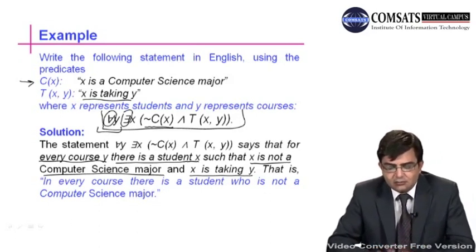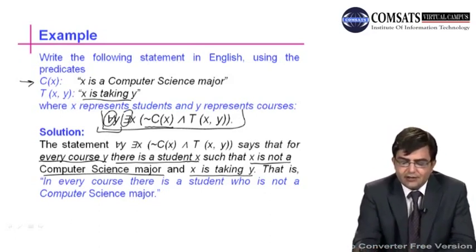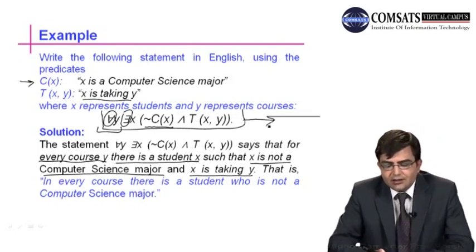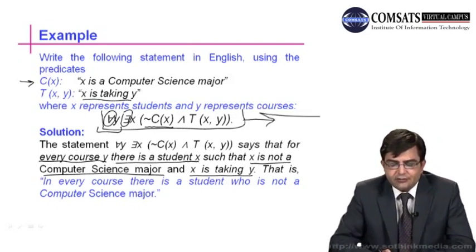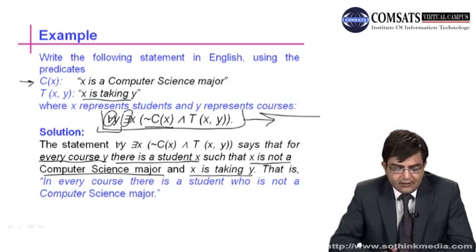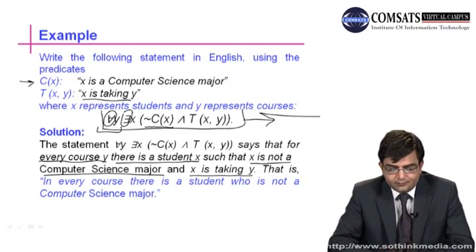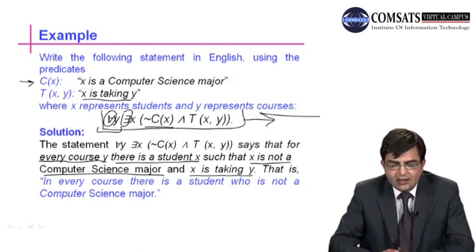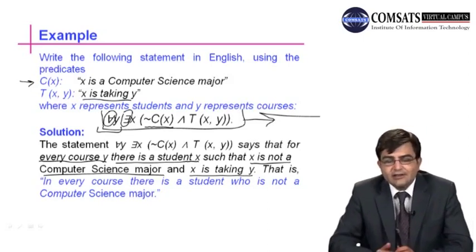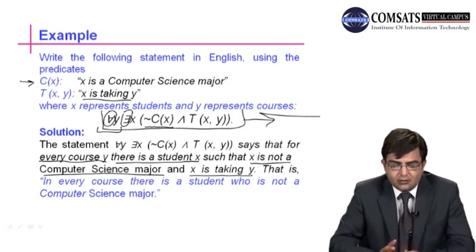So we negate this whole statement to get the values for which this statement will be false. There exists some course in which every student, because here we have there exists, so there exists will be converted to for all, the universal quantifier.